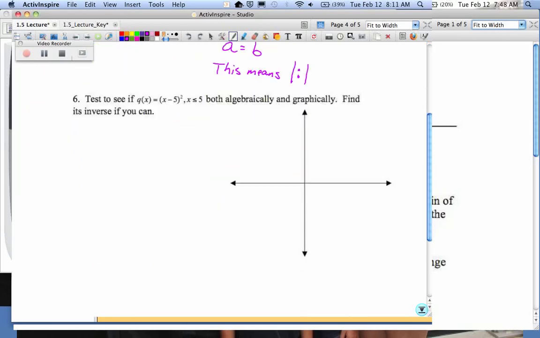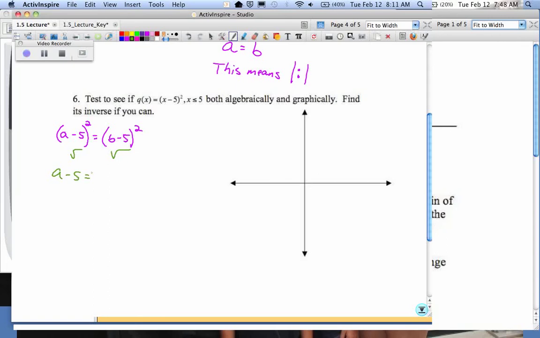I normally don't do this problem with you guys, but let's take a look at it. If I do the same process, I get (a minus 5) squared is equal to (b minus 5) squared, and you square root both sides.